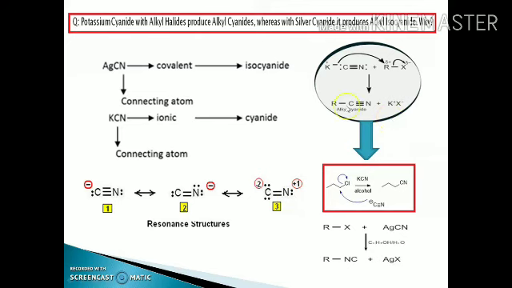That means the carbon acts as the nucleophilic center, and it will form the alkyl cyanide as a major product. But in case of silver cyanide, the nitrogen is more electron rich in comparison to the carbon, and the attack can be done by the nitrogen, and it will form the isocyanide as a major product.